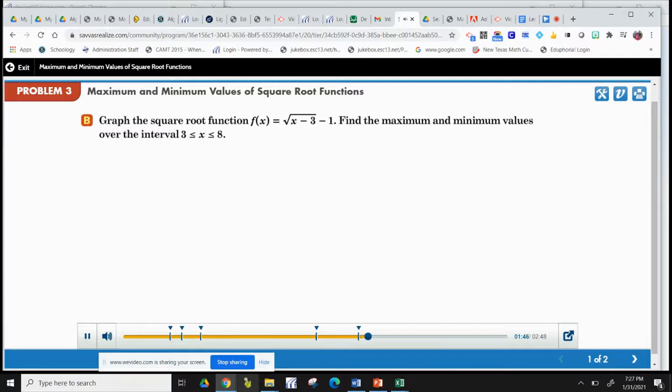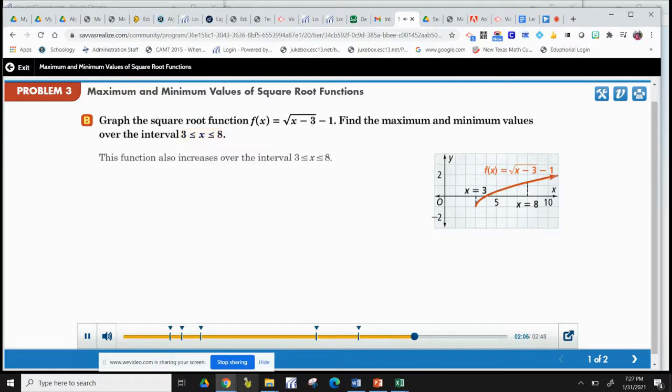First, graph the function. Now, look at the portion of the graph within the given interval. It also increases over the interval x is greater than or equal to 3 and less than or equal to 8.